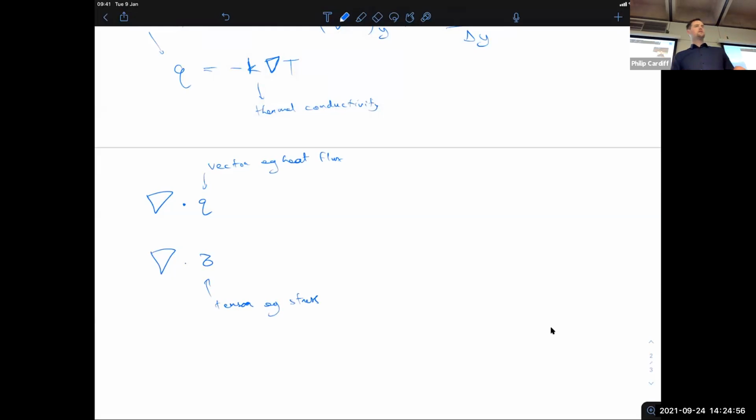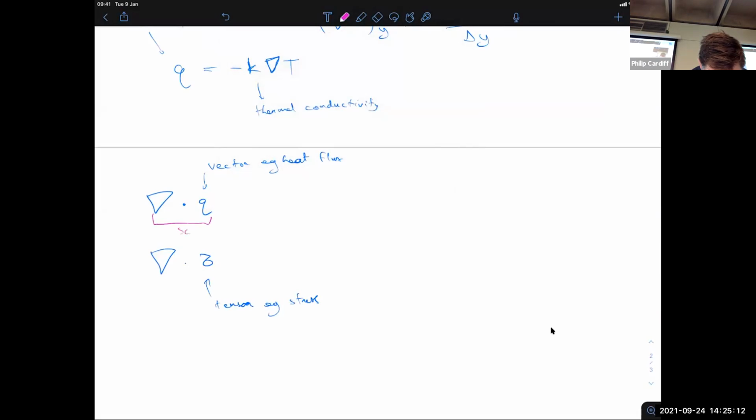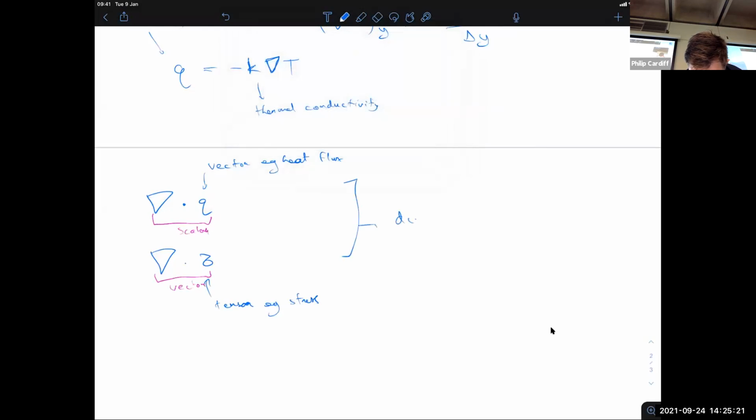If you take the divergence of a tensor, you get a vector. So gradients increase the order of what you operate on, and then divergence decreases. It goes in the opposite direction. And so this thing is a scalar, and this thing is a vector. Divergence, or div, decreases the order.